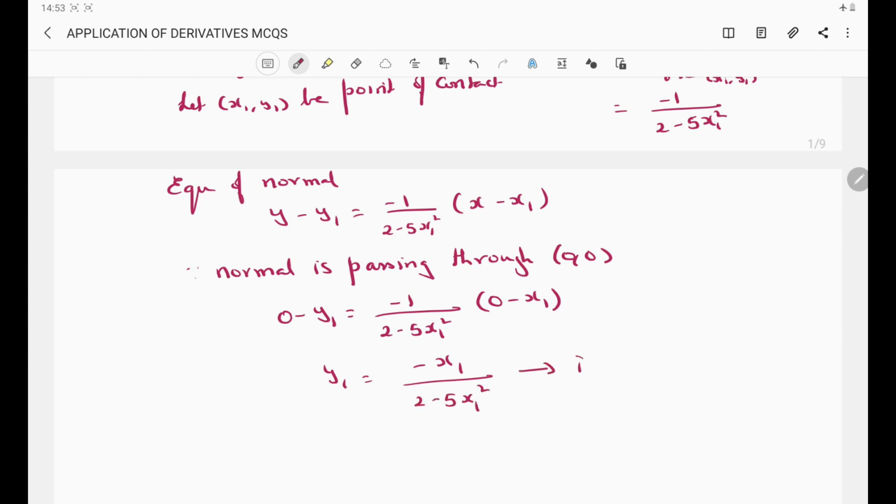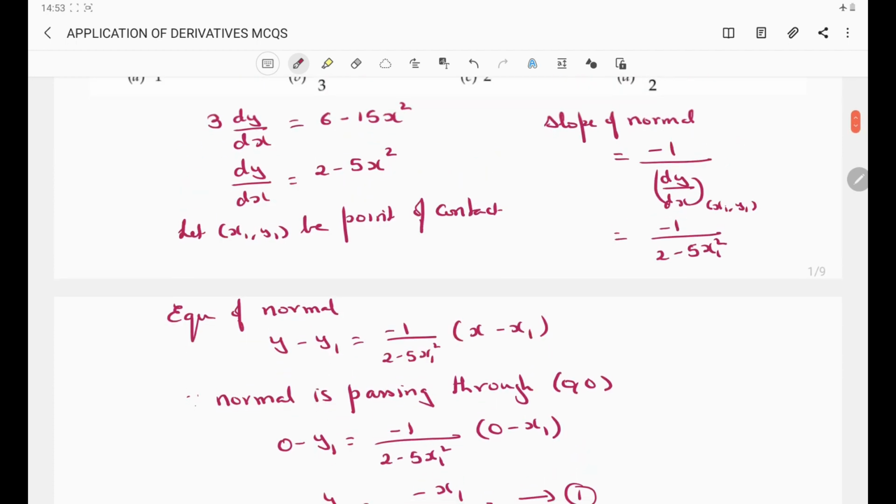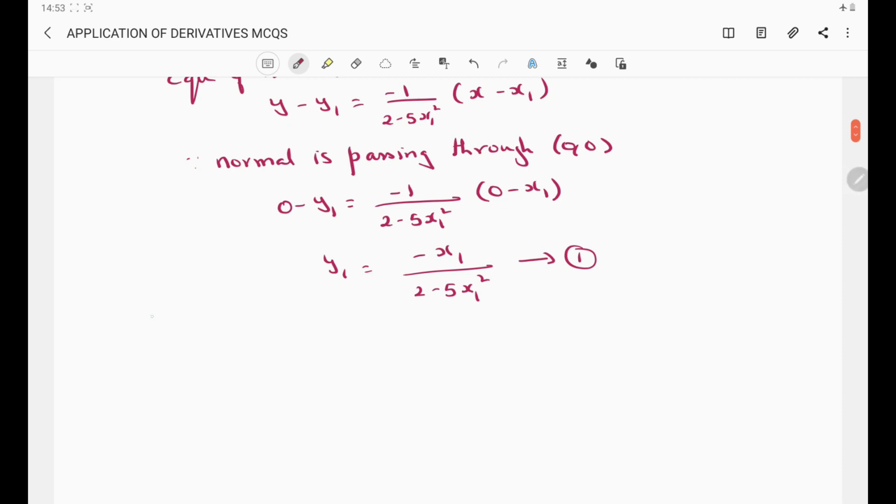So this becomes equation 1. Now we know that x1 y1 is also a point on the curve, so it must satisfy the curve equation.